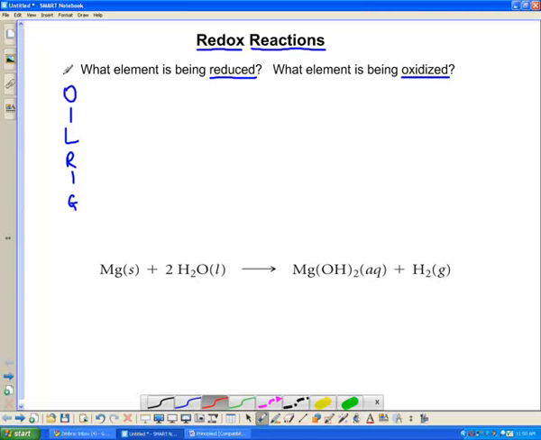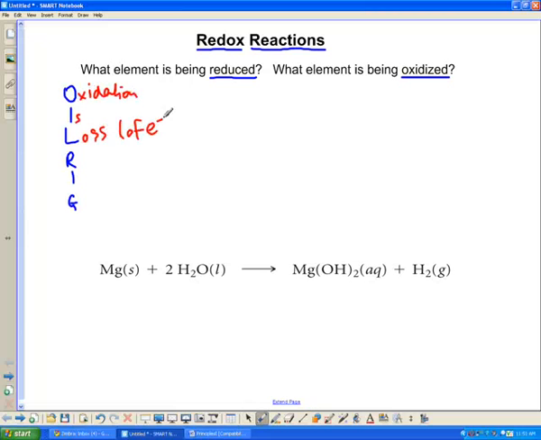The idea being that oxidation is loss, meaning loss of electrons. Reduction is gain, again, of electrons.